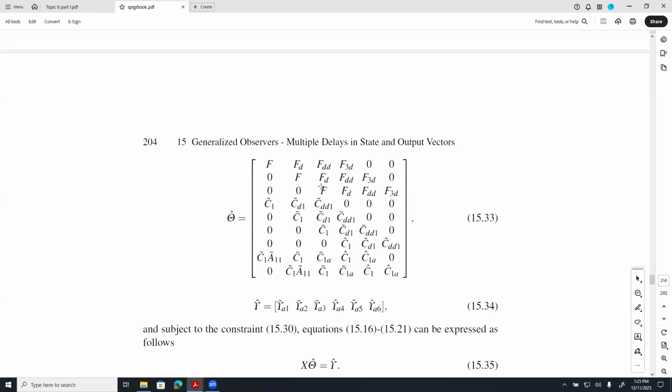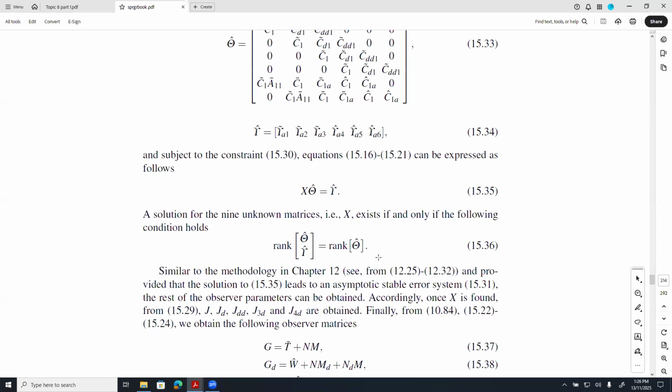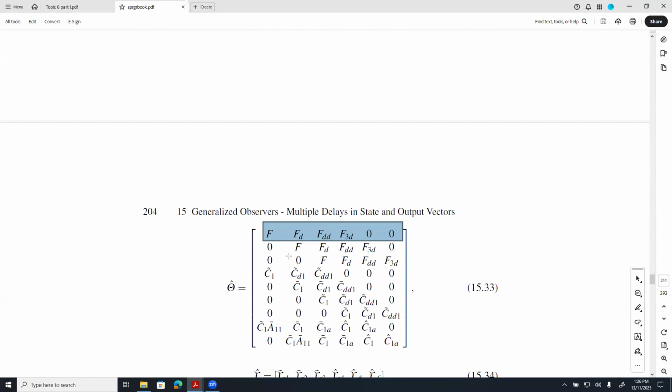And when we examine this matrix, we have all those F matrices associated with the generalized functional. So this row block in here is associated with the unknown matrix, and then the next row block is that, and the next row block is that.